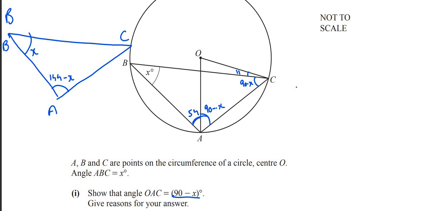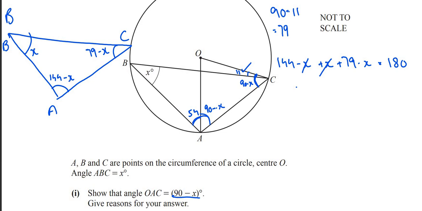And what is this angle? Basically this whole thing was 90 minus x, right? But we need to exclude this 11. We need to remove this 11 from 90 degrees. So we first do 90 minus 11, which is 79. So this angle ABC is actually 79 minus x. So this becomes 144 minus x plus 79 minus x is equal to 180 degrees. x and x get cancelled out.